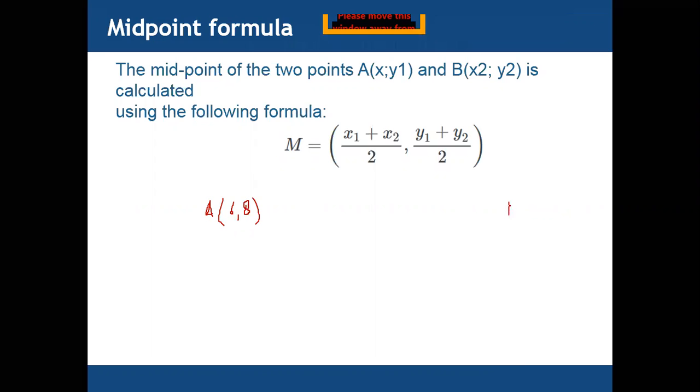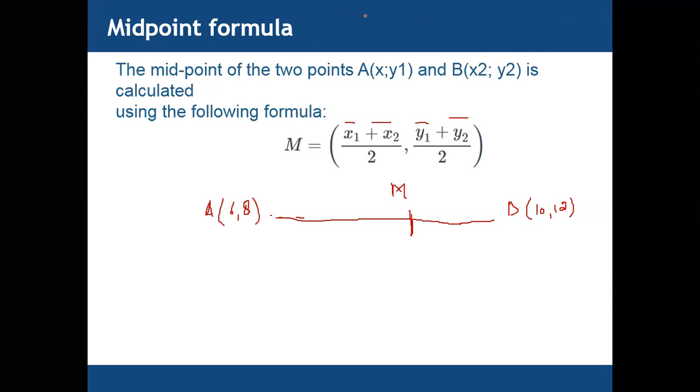The second point B is (10, 12). This is the distance between these 2 points, and let's suppose we have the midpoint here. So how can you find the midpoint? We have the formula: (x1 plus x2) divided by 2, (y1 plus y2) divided by 2.